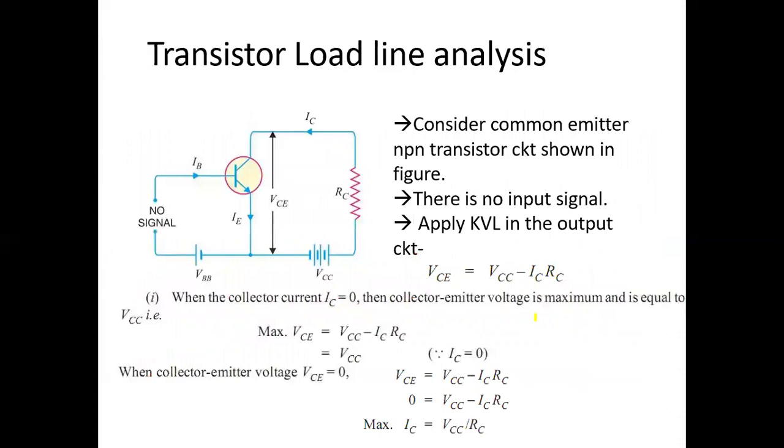And here RC is the load resistance, and now the transistor load line. In transistor load line analysis, we consider a common emitter NPN transistor as in the circuit shown in the figure, and there is no input signal in the base emitter circuit.